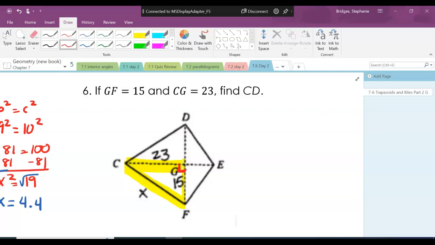Which one in my triangle that I have highlighted is my hypotenuse? 23, 15, or X? X. So when you set it up, it should be 15 squared plus 23 squared equals X squared.